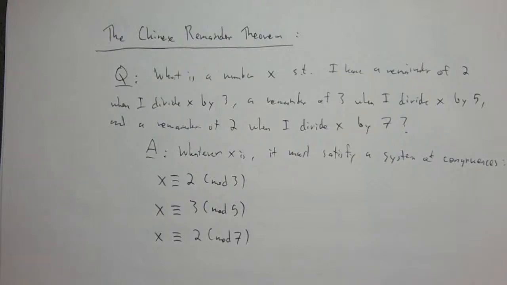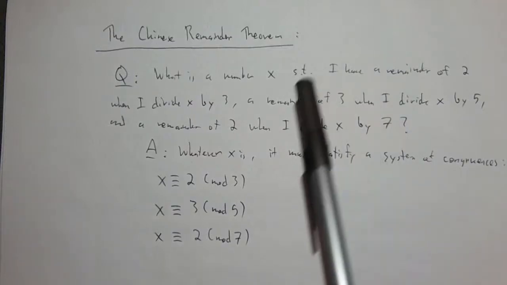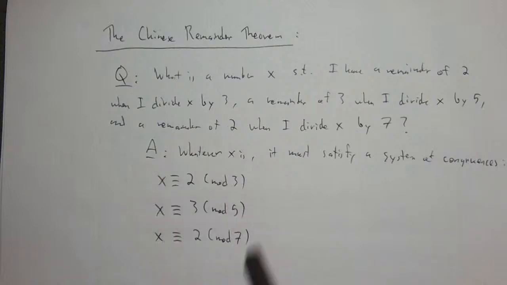That is, x satisfies the property that when I divide it by this list of divisors, I get the specified remainders. And x being a solution means that simultaneously all of those things are true about it.